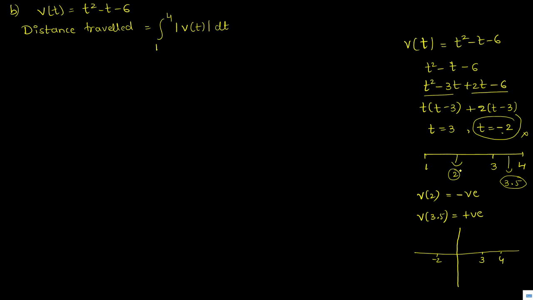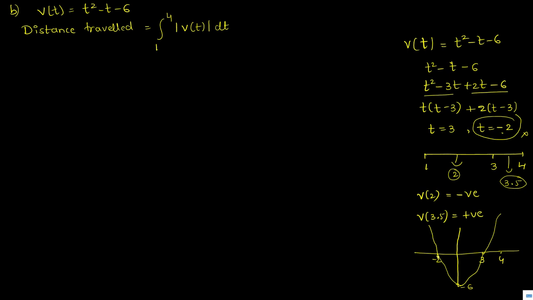Since they are saying that from 1 to 3 it is negative, that means that part of the graph is lying below the x-axis. So the graph will be somewhat like this, passing from minus 6 on the y-axis and then here from 3 and moving into the positive y-axis.